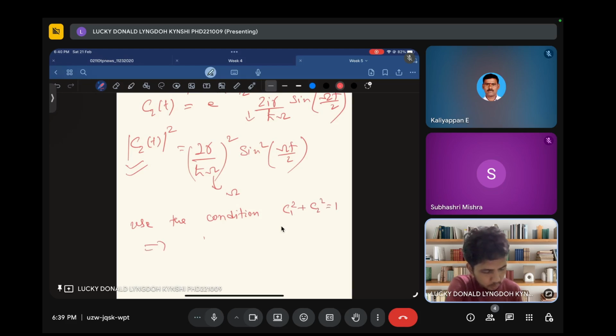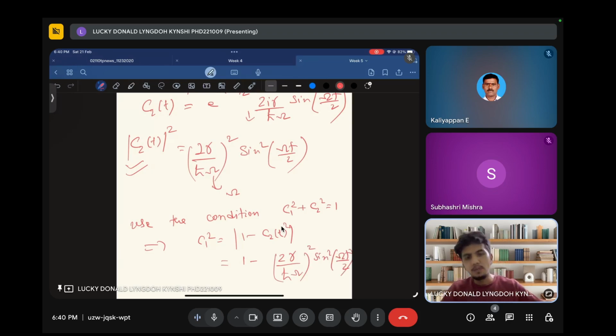Then C1 square is simply 1 minus C2 square, which is simply 1 minus of 2 gamma by h cross omega, whole square, times sine square omega t by 2.